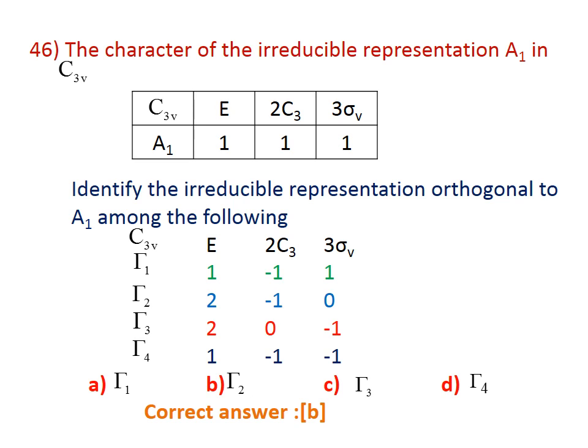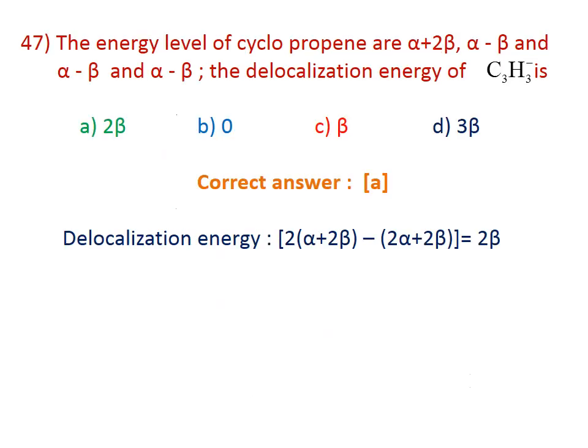If you know the C3v character table, then you can easily find the irreducible representation which is orthogonal to A1. In the C3v character table, A1 is 1, 1, 1 and A2 is 1, 1, -1 and E is 2, -1, 0. That is given. Tau 2 is given. The correct answer for this question is B.